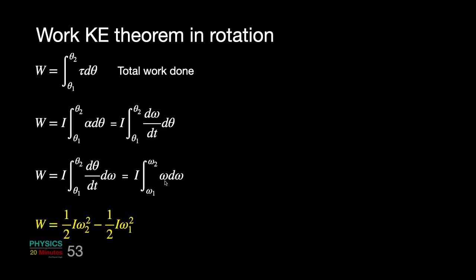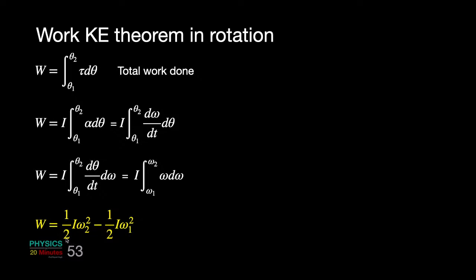And then I can carry on the integral. The integral of omega is omega square upon 2. And if you put the limits omega 2 and omega 1, you get the total work done, which is half I omega 2 square minus half I omega 1 square. Now what does it say? If you look at this term, this is nothing but the rotational kinetic energy of the body.